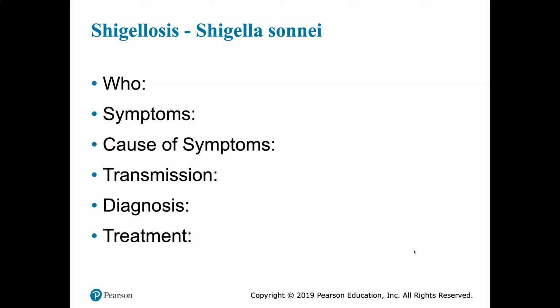Hemolytic anemia means low red blood cells. Renal failure is another part of HUS, which is kidney failure. And the third part is thrombocytopenia, which is low platelets, which prevents clotting.